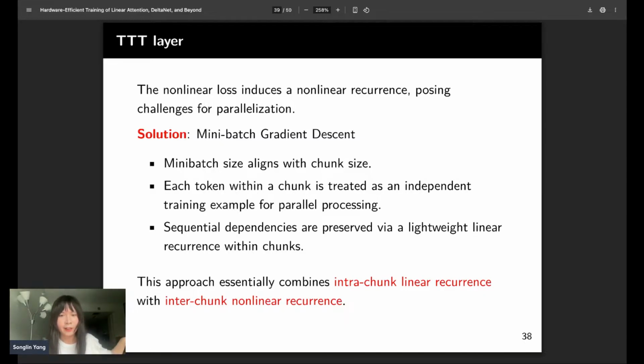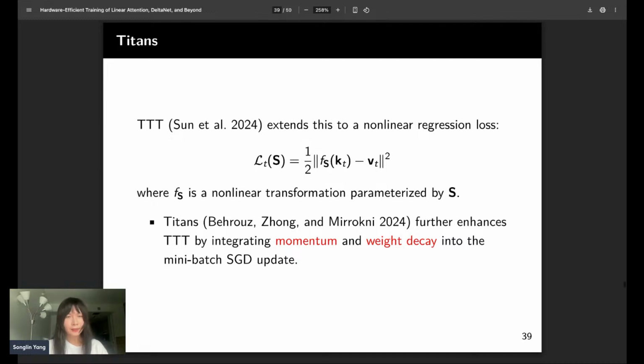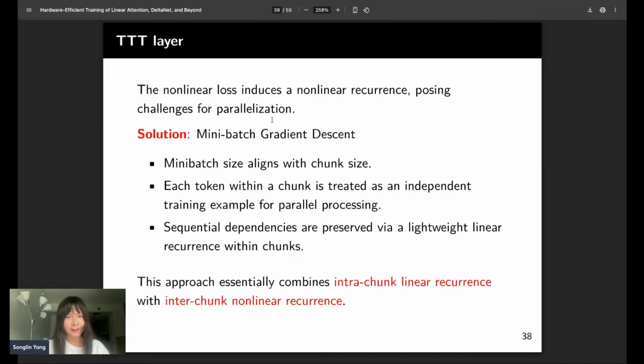They combine the inter-chunk nonlinear recurrence with an intra-chunk linear recurrence. For each chunk, they apply a very lightweight linear recurrence to build the sequential dependency within each chunk. And this is the high-level idea of TTT's training strategy.